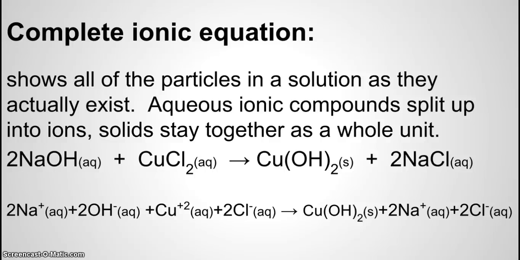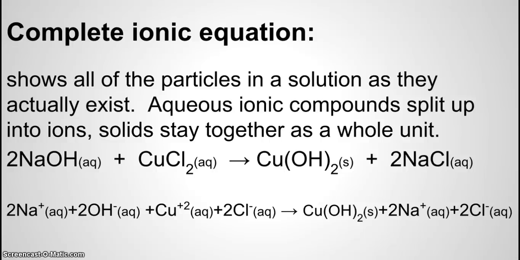To do that, we need to take our balanced equation and write what's called a complete ionic equation. A complete ionic equation shows all the particles in a solution as they actually exist, meaning aqueous ionic compounds split up into ions. Solids stay together as whole units.